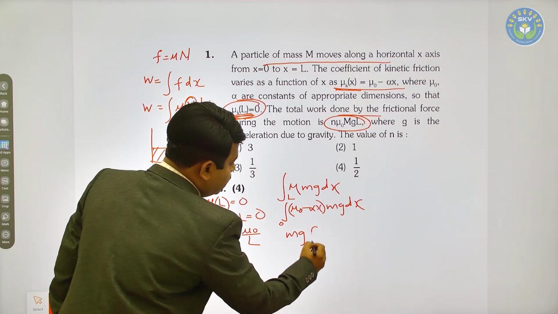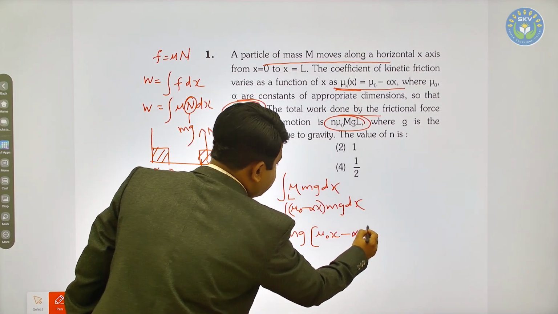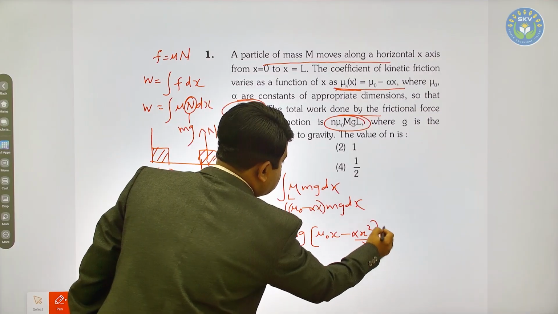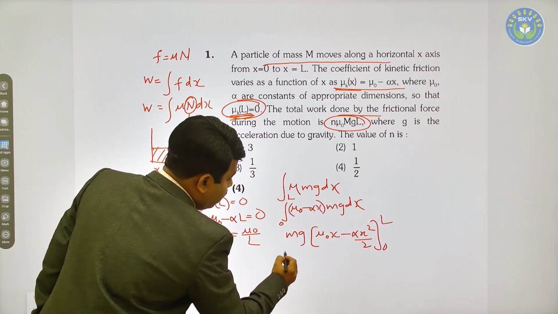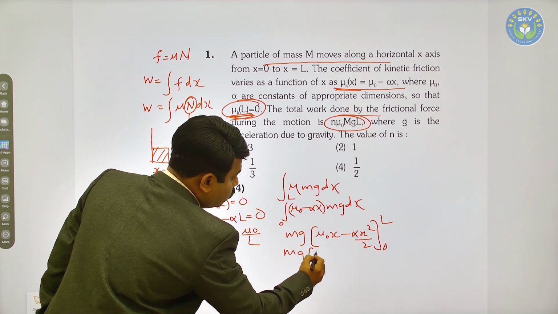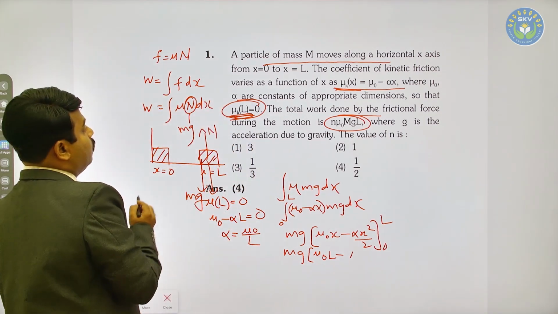By integrating this, you can write mu 0 x minus alpha x square by 2, from 0 to L, right? Now by substituting, mg into (mu 0 L minus alpha L square by 2). What is the alpha value?